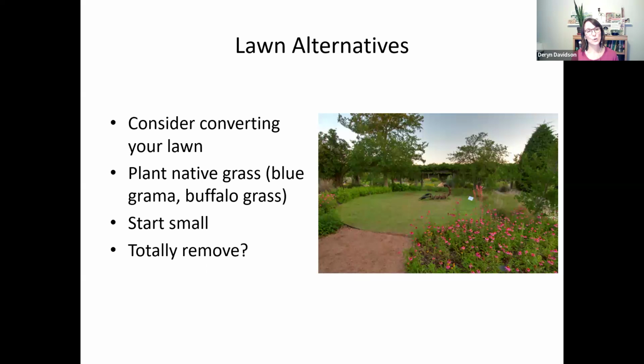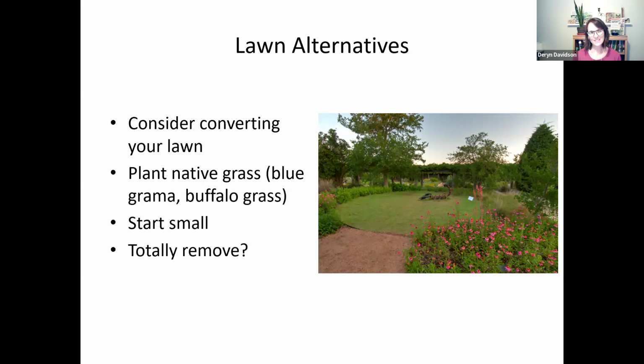You can convert to a native grass lawn, something like a blue grama buffalo grass mix. It's not going to ever handle as much foot traffic as what a traditional fescue or Kentucky bluegrass lawn can handle. But again, it's up to your design aesthetic and how you're going to be using this space.